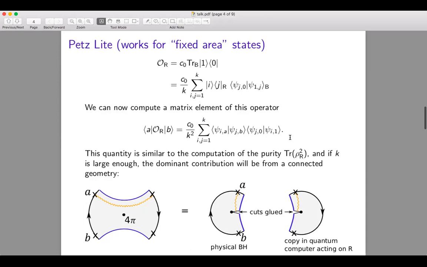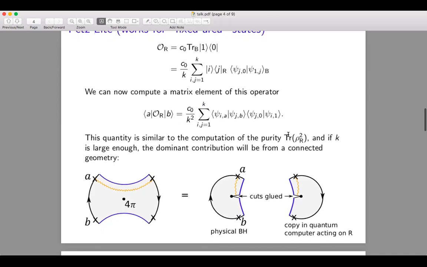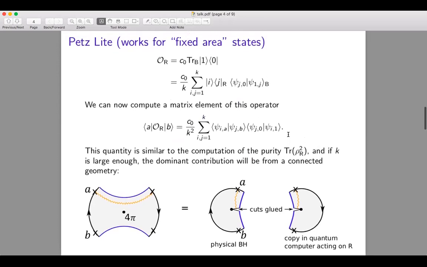And the thing I want to draw your attention to is that it is a product of two inner products between these psi states. And by now, we're great at evaluating products of inner products of these psi states. And in particular, we understand that there are two kinds of geometries that can contribute. A product of two disks or a connected geometry.